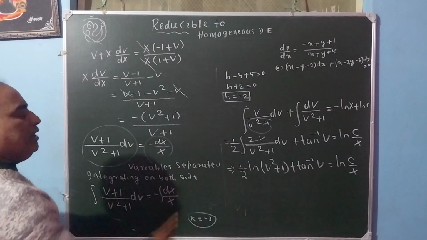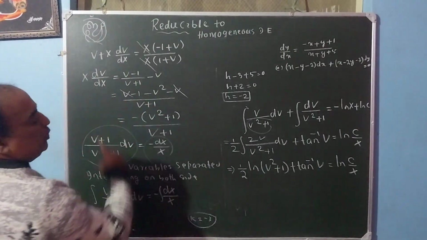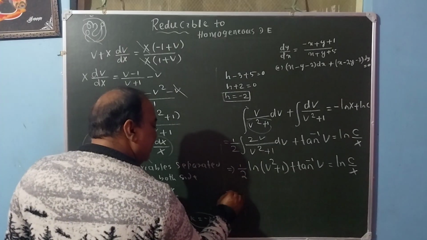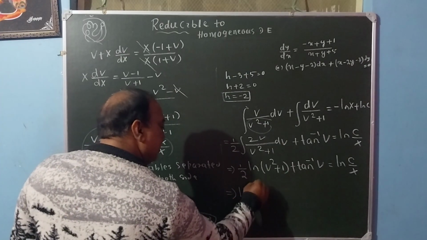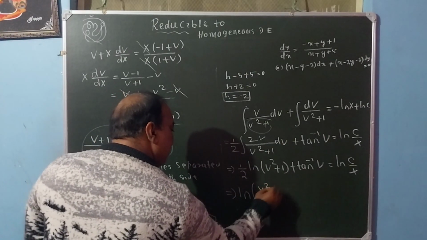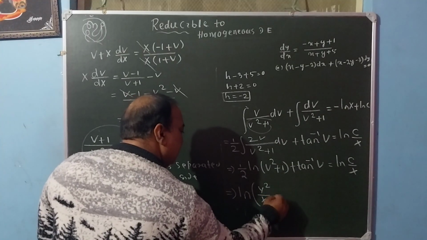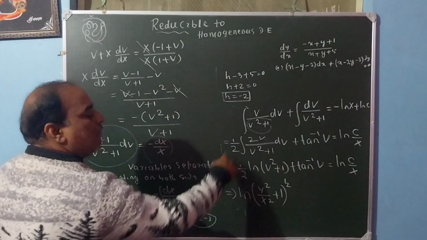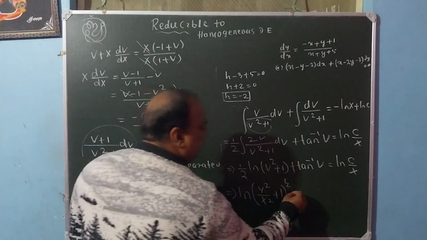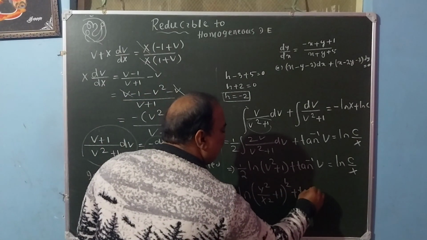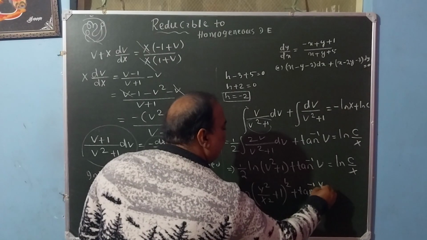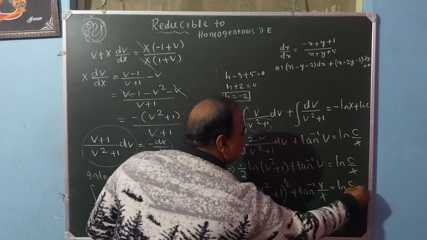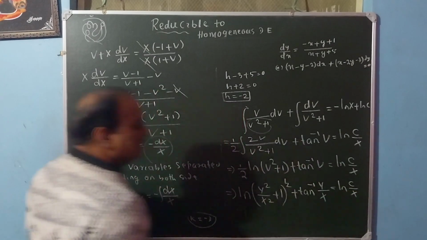Okay. Now in place of v, we have to put capital Y by capital X. So this can be written as ln (y square by x square plus 1) to the power half, plus tan inverse y by x, is equal to ln c by x.